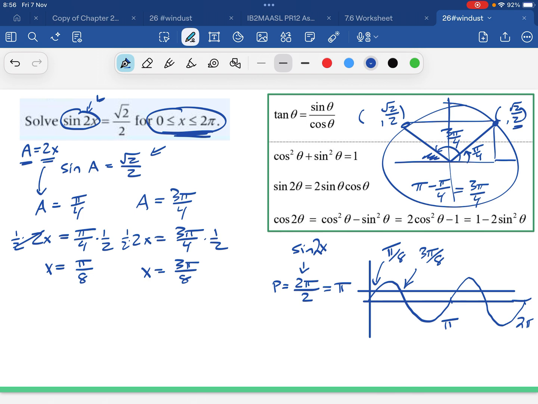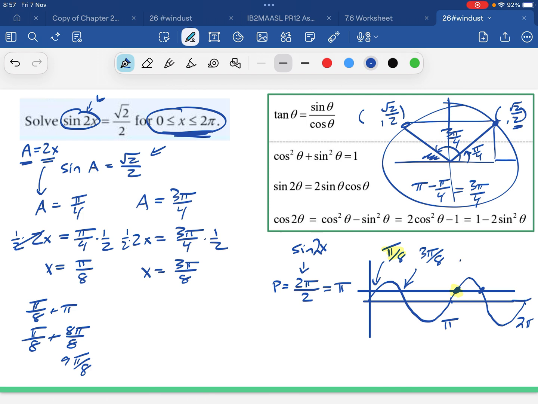Well, how are we going to get these other 2 solutions? Instead of adding 2 pi, which would be right if the period was 2 pi, we need to remember the graph repeats itself every pi. So to get from pi over 8 to the next solution, I take pi over 8 and add pi, or pi over 8 plus 8 pi over 8, because I need a common denominator, and I get 9 pi over 8.